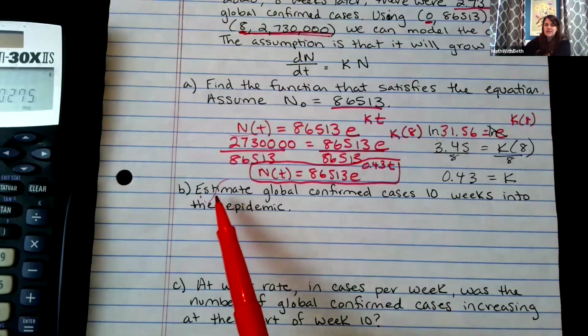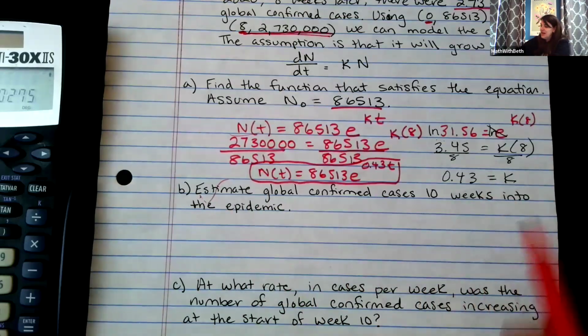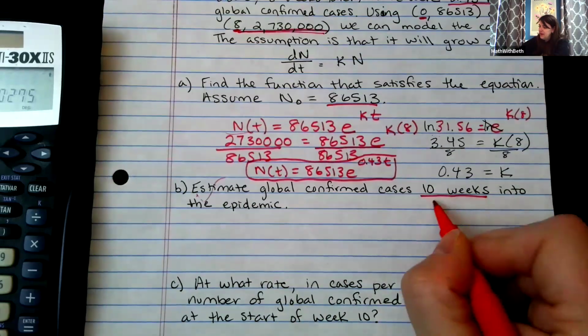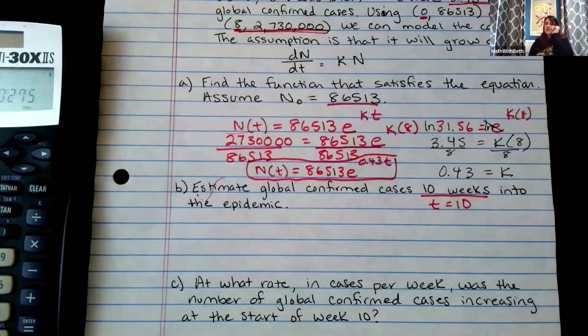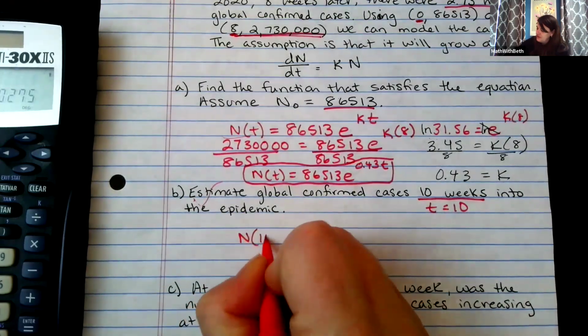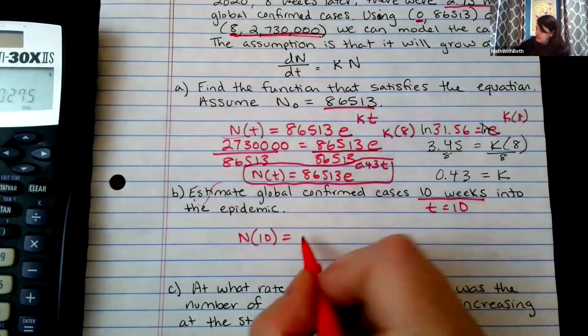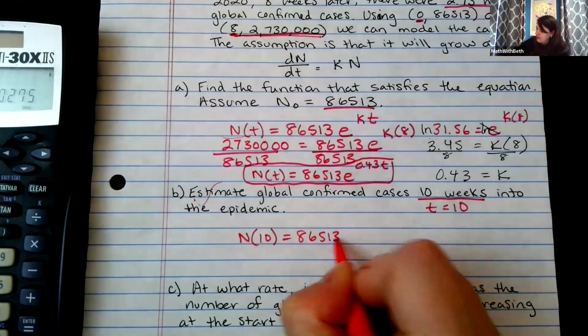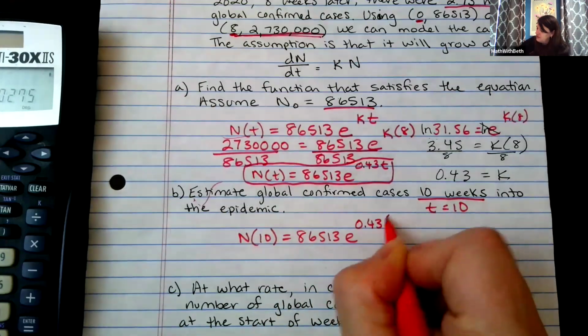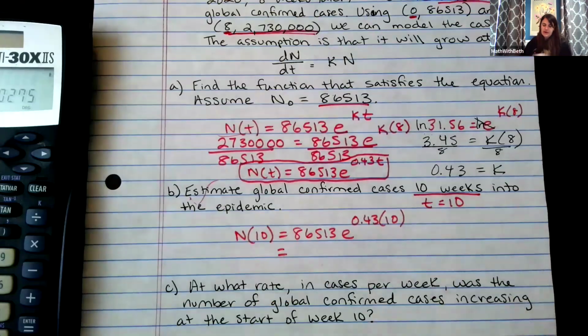So part B says, estimate the global confirmed cases 10 weeks into the epidemic. So since our T is in weeks anyway, 10 weeks just means T is 10. So to find the answer at 10, that's what this means. We're just going to plug all of this into the calculator and see what we get.